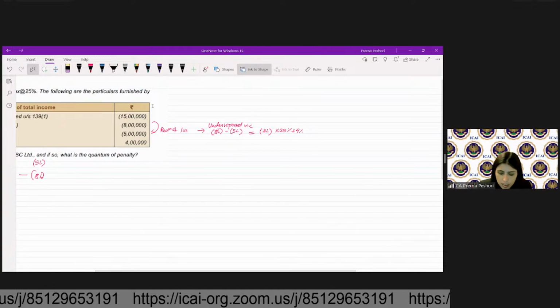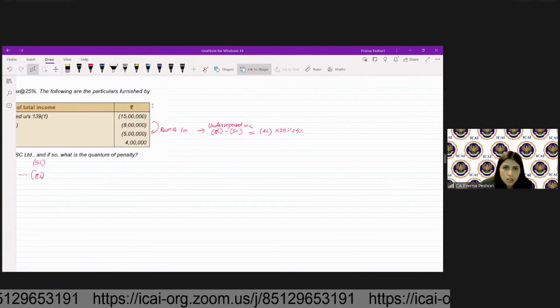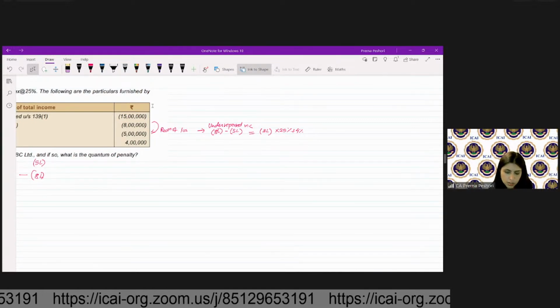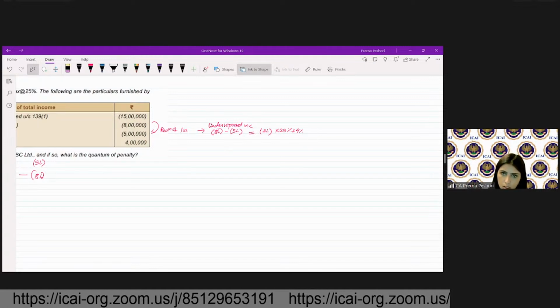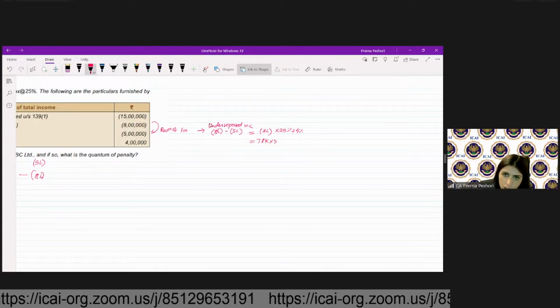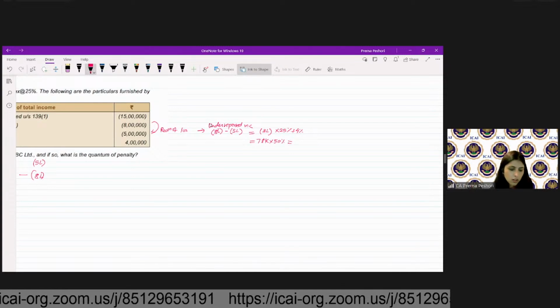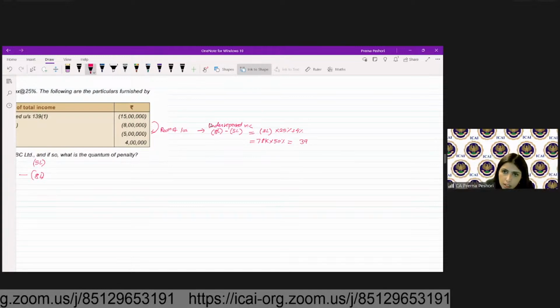This is going to be 3 lakh into 25%, 75,000 plus 4%, 78,000. So 78,000 into 50% is my penalty on underreporting of income. So this is going to be 39,000.